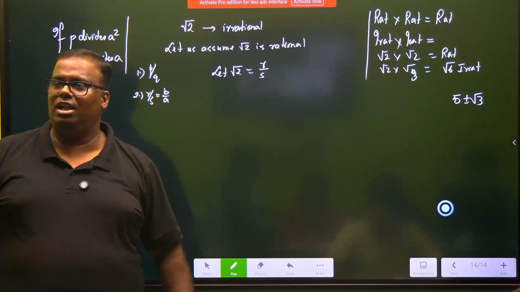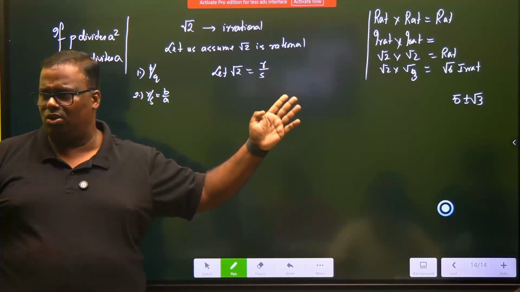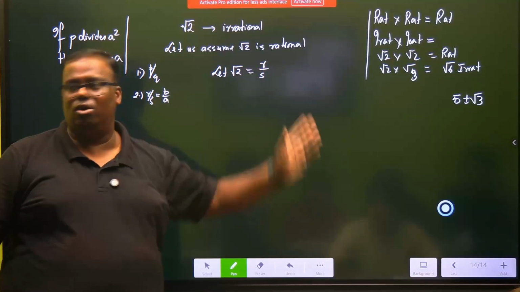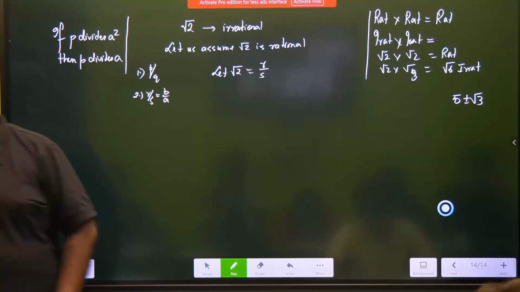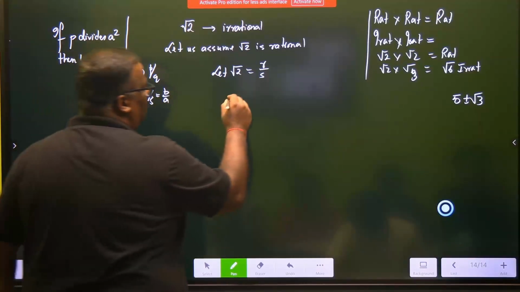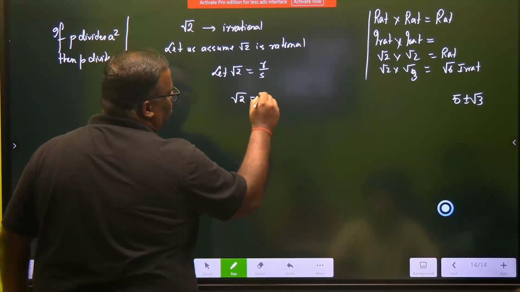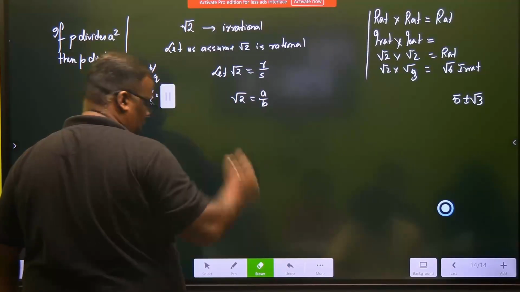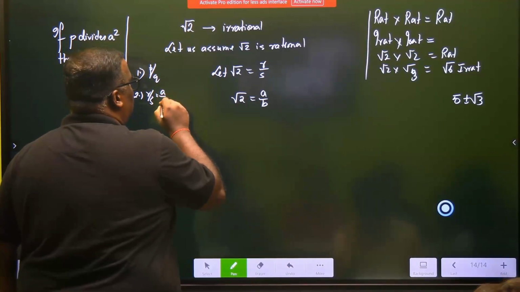So we say that let there be some common factor, which, after cancelling out from the numerator and denominator, we are now left with root 2 equal to, say, A by B, whatever you want.